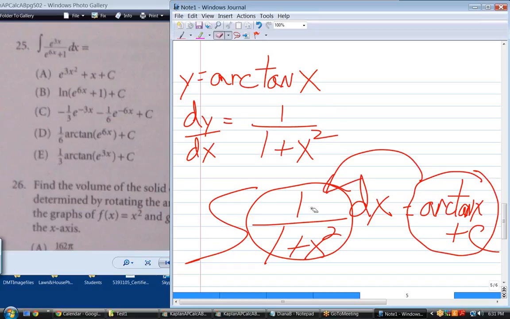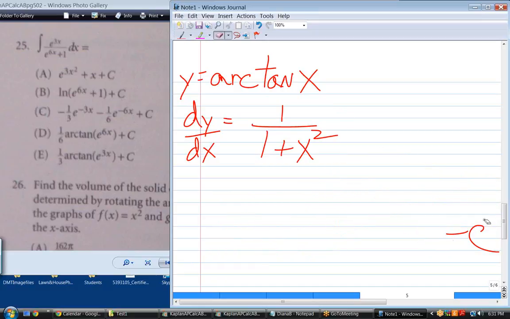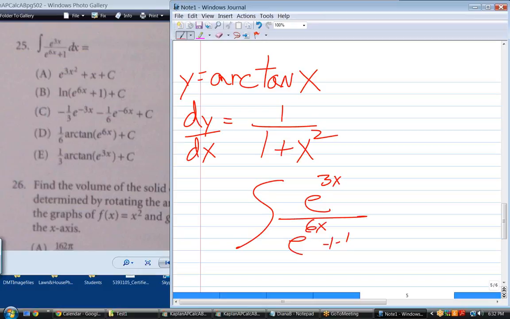Right. So, this little problem they gave us here is the integral of e to the 3x divided by e to the 6x plus 1. If I let u equal 3x, what is this integral in terms of u?